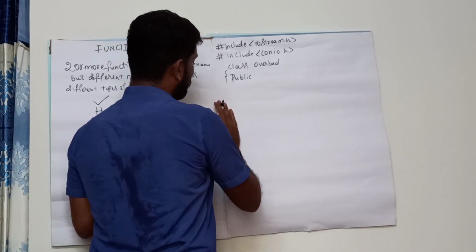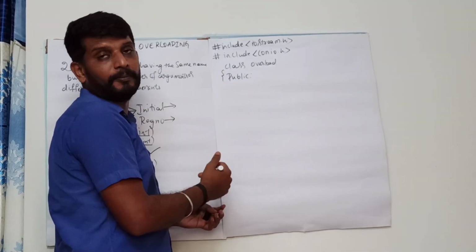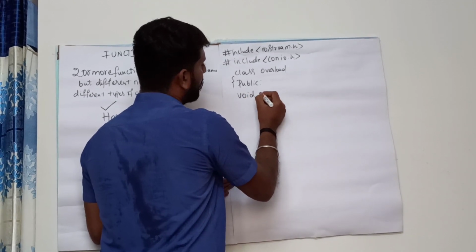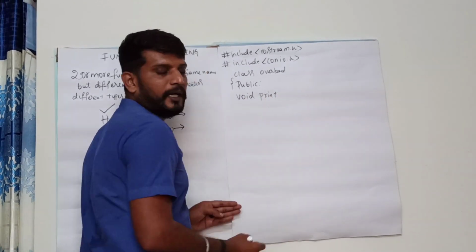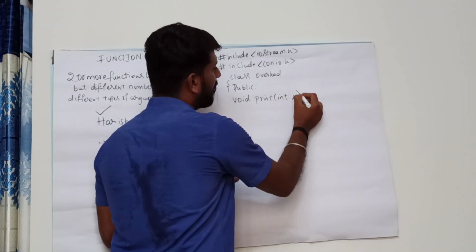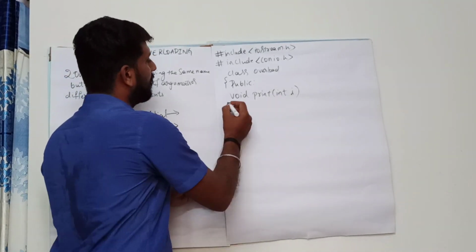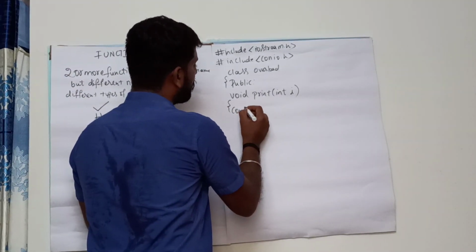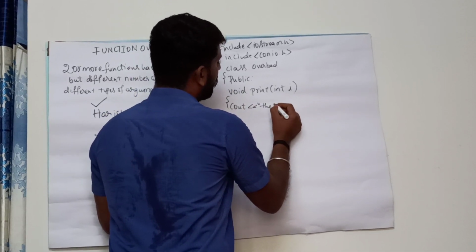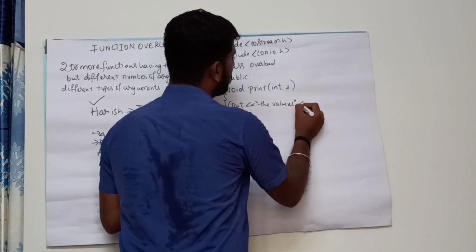Firstly, in this program, I will define the member function within the class only. So void print. I will pass one argument that is called i. The type of argument is int. Next, cout the value is i.